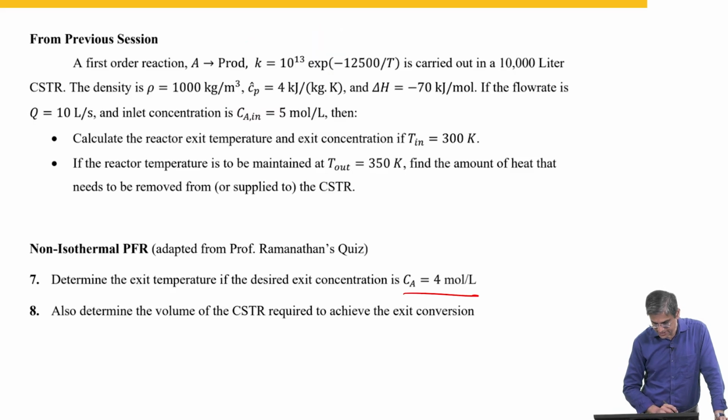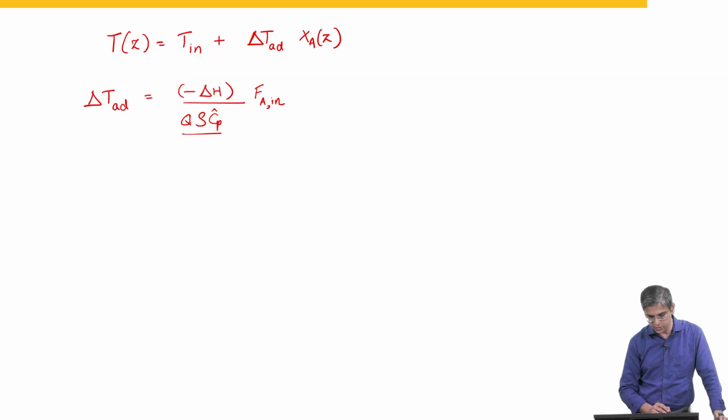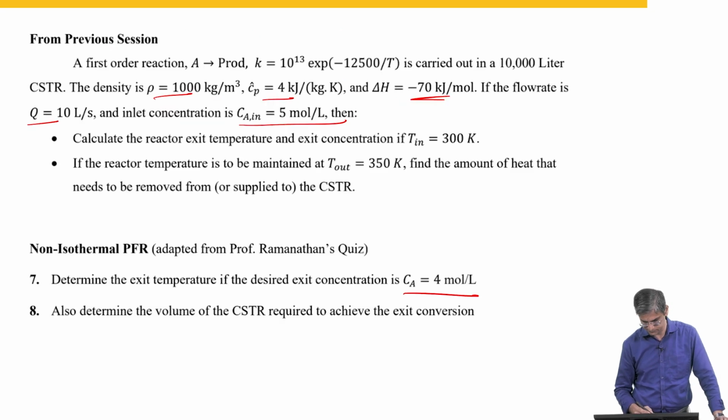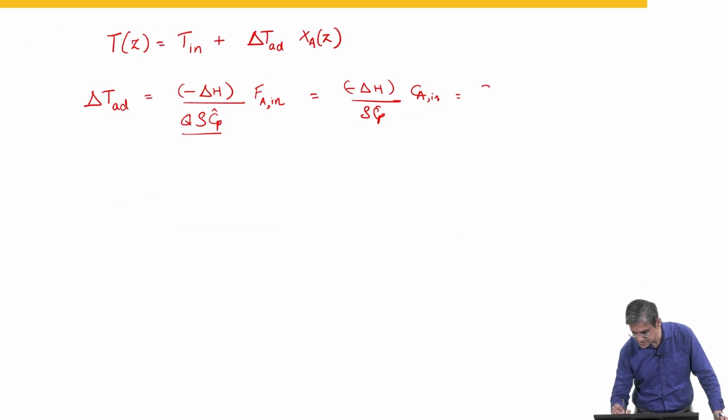Okay. Now, delta H is given, Q rho Cp are given, Ca in multiplied by Q is given. So, minus delta H, and that is basically going to be the same as yesterday.